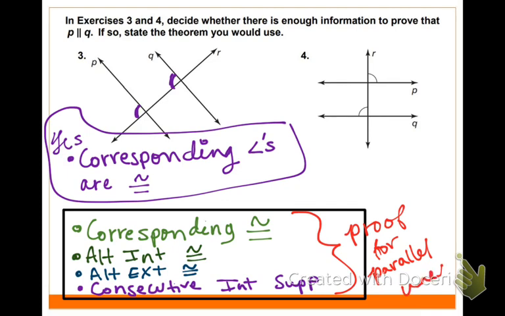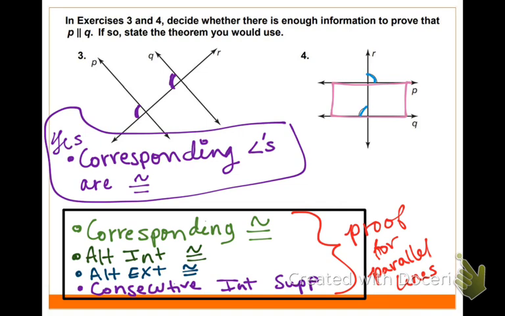All right, let's look at the next one. On number 4, is there a relationship between the 2 angles that they have highlighted? Let's check. Are they both on the inside, outside, or neither? Neither. They're not both on the inside, so they can't be alternate interior or consecutive interior. They're not both on the outside, so they can't be alternate exterior.